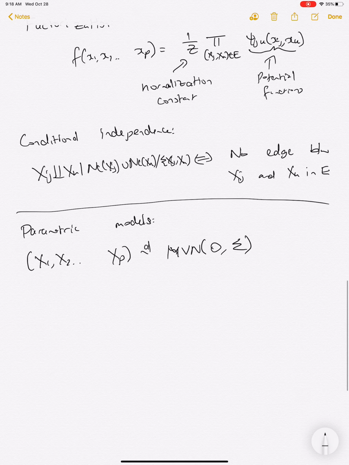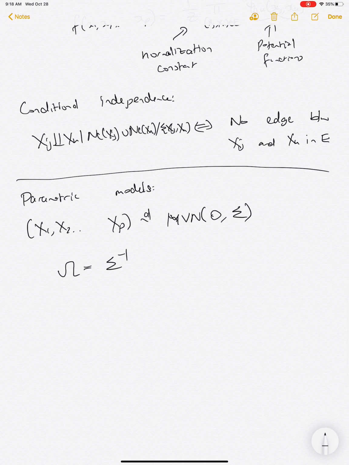So we'll just focus on the case where mu is 0. And the graph structure was encoded because if you define the inverse covariance matrix, omega equals sigma inverse, then omega jk equals 0 if and only if there is no edge between xj and xk.